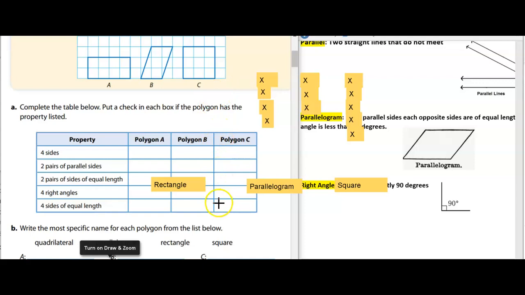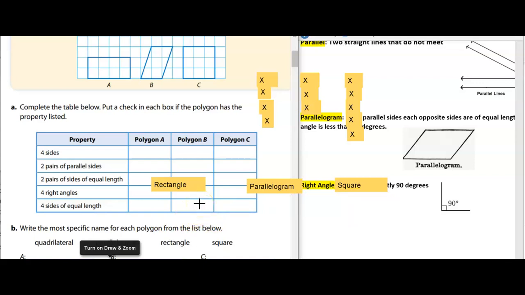And I'm going to write that first. And then I want to see which polygon has the next most amount of descriptions filled. And then I'm going to find the polygon that has all of the descriptions filled. And that's how I will arrange my polygons so that each shape has all the properties of the shapes before it.